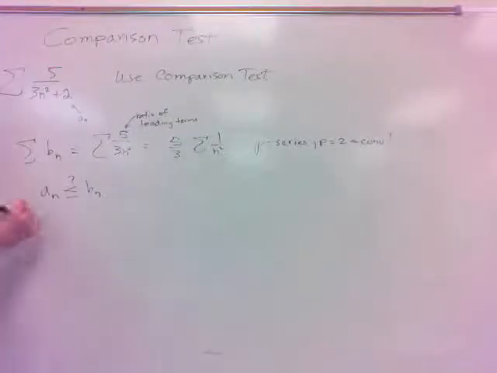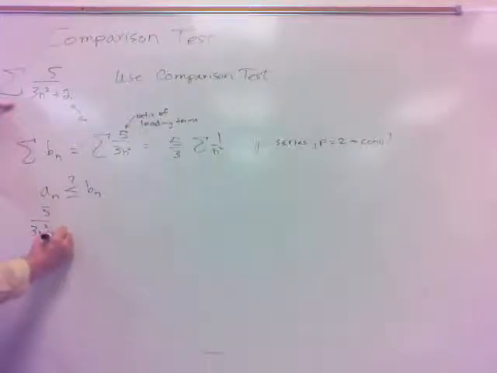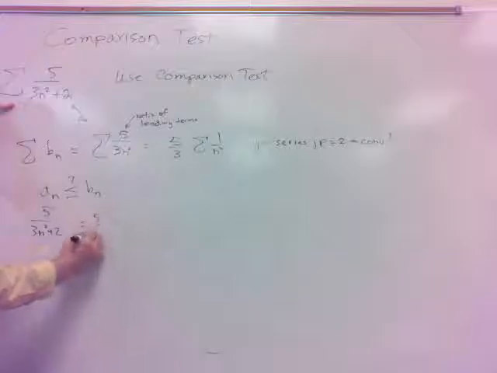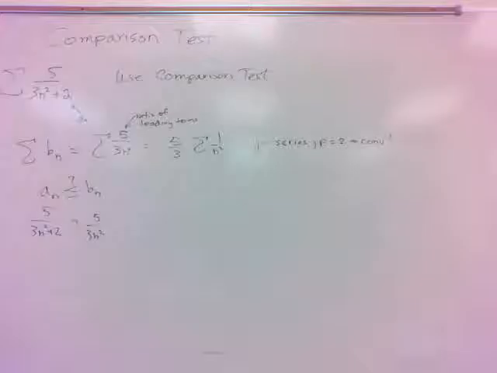All right, well, the A sub n's, 5 over 3n squared plus 2. Compare that to 5 over 3n squared. Is it less? Because if it's not less, we're in trouble. The comparison test will do us no good if it's greater. Well, let's think about this.